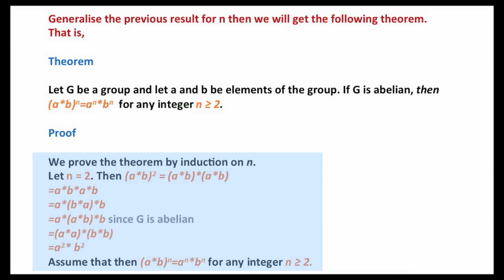Hence, we get a squared b squared. Assume that (ab)^n is equivalent to a^n b^n for any integer n greater than or equal to 2.